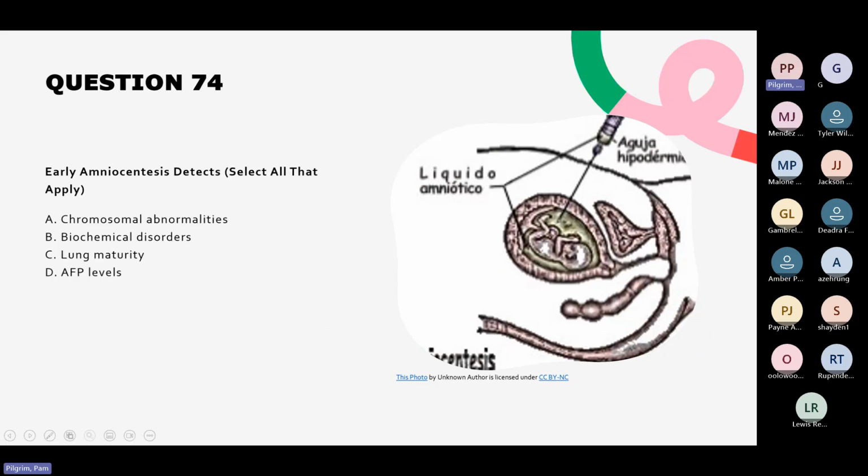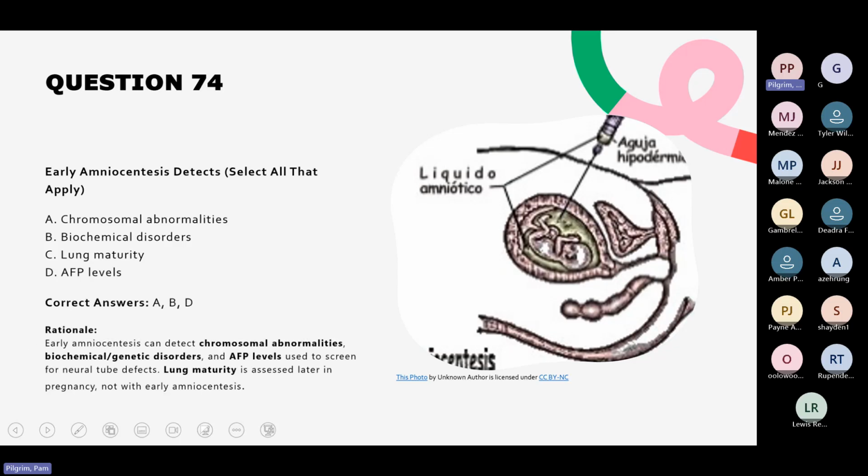So what are we checking for if we are doing an early amniocentesis? What are we looking at? So when we're checking an early amniocentesis, we are looking for chromosomal abnormalities.